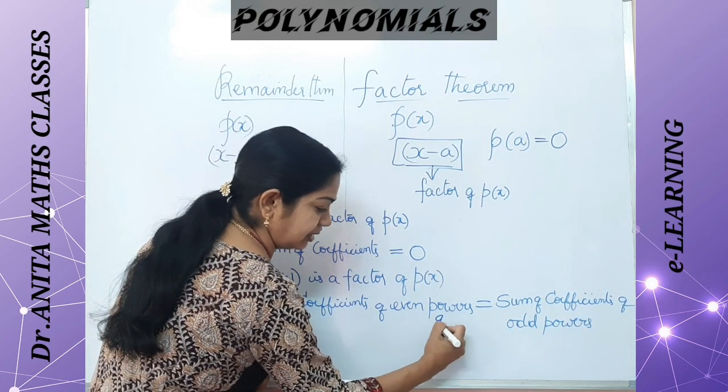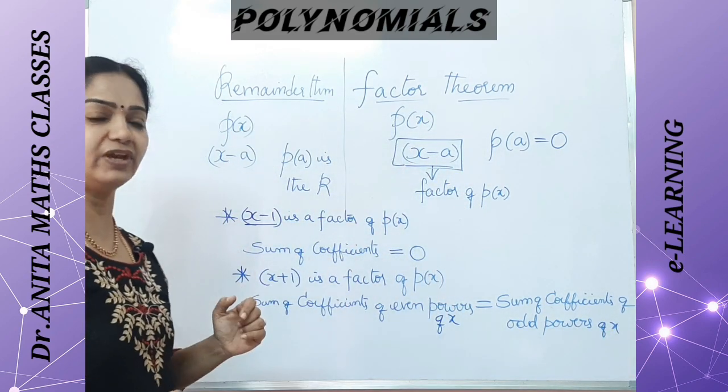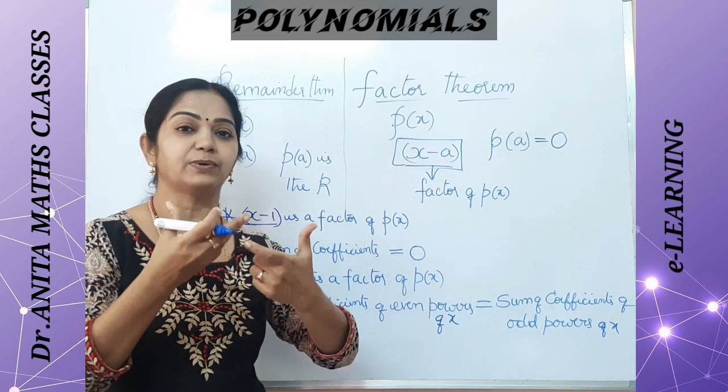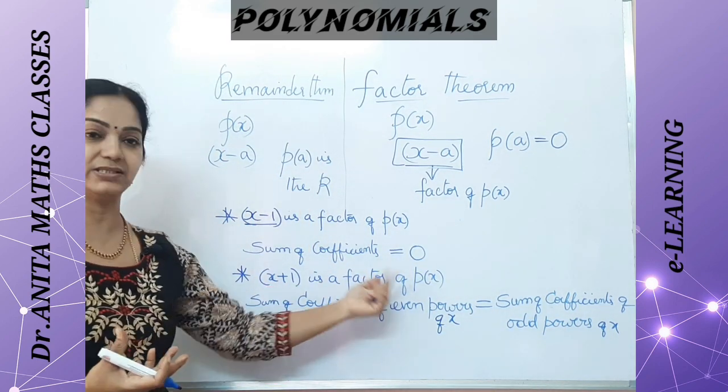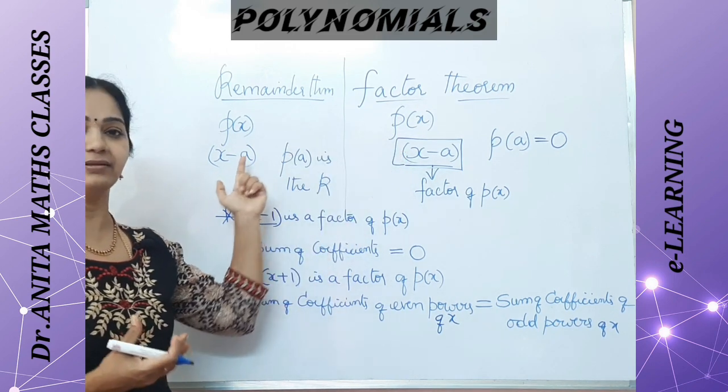Powers of x means powers of the variable, like x square. If the sums of the even powers and odd powers are equal, then x plus 1 is a factor. So these two conditions, the factor theorem and the remainder theorem, are very important.